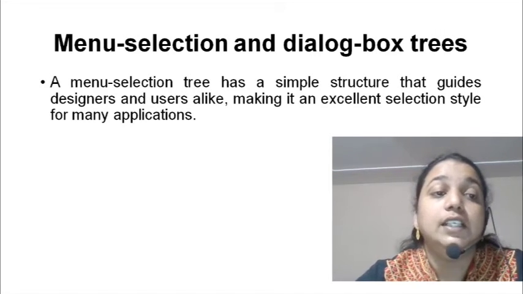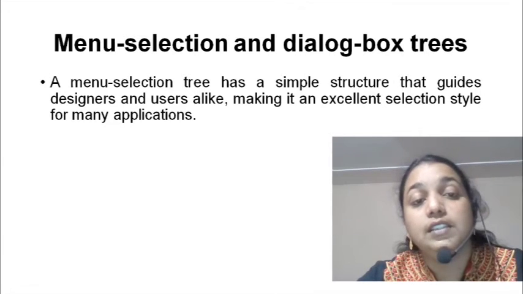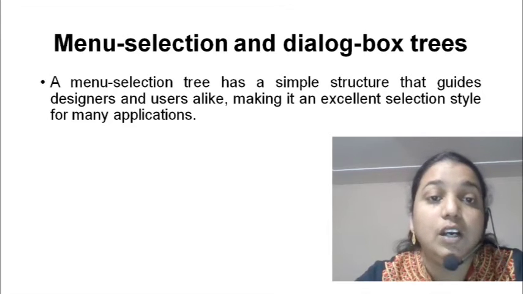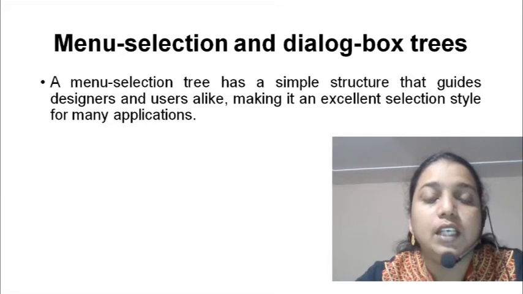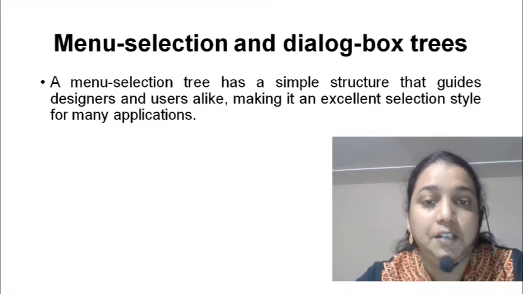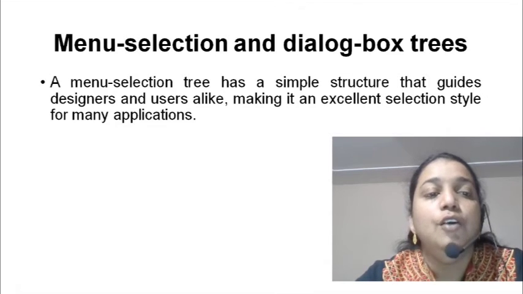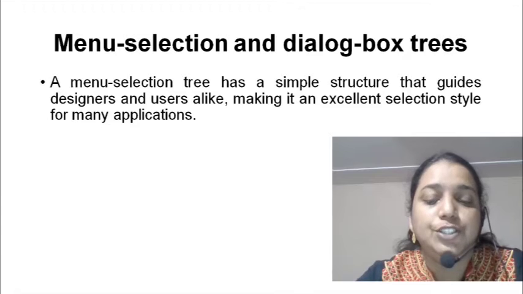If designers are thinking one thing and users another, and users do not understand, it does not work out well. So the structure should guide both designers and users in the same way, making it an excellent selection style for many applications.